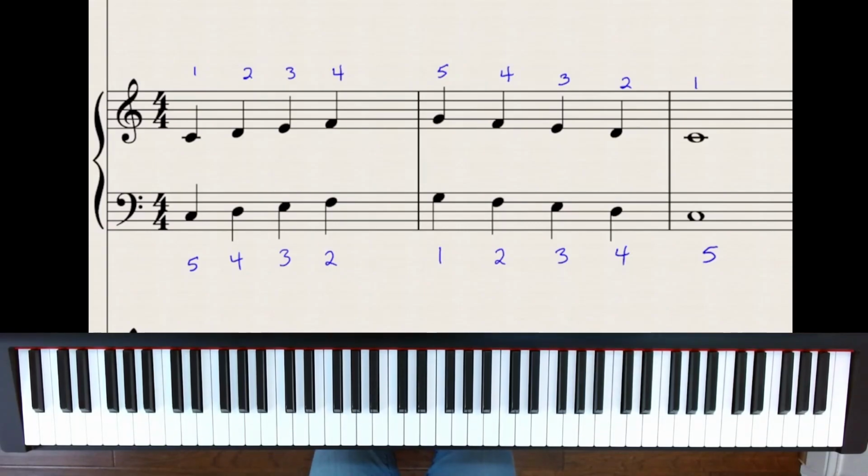All right, so now for the left hand, our pinky is going to be on the first note, which is a C. Okay, so pinky's finger 5, and then our ring finger is finger 4 for the D, and then for the E, finger 3, and then finger 2 for the F, finger 1 for the G, and then back down the scale.